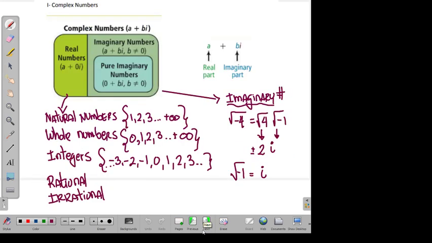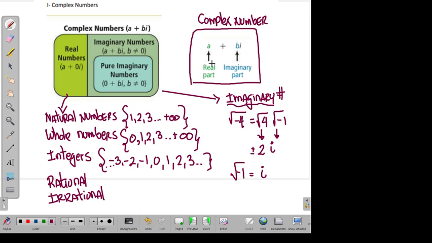Okay, so now we know what imaginary numbers are, but there is something called complex numbers. 2 things, a real number and an imaginary number. If you put it together, it's going to be called complex numbers.